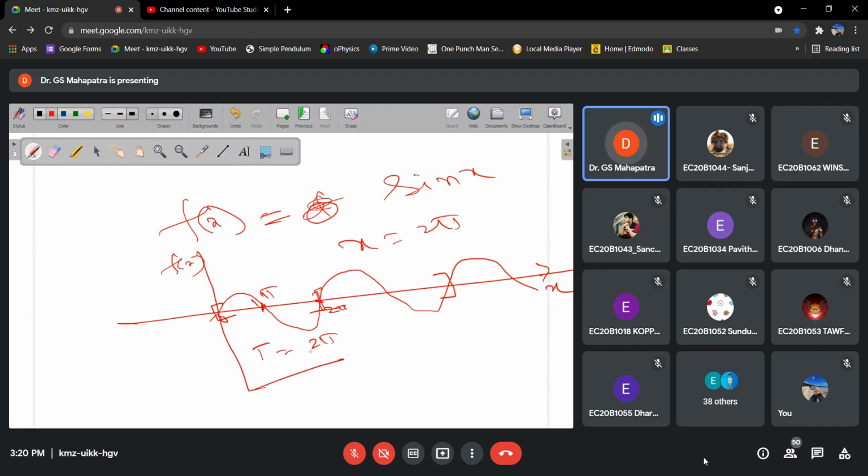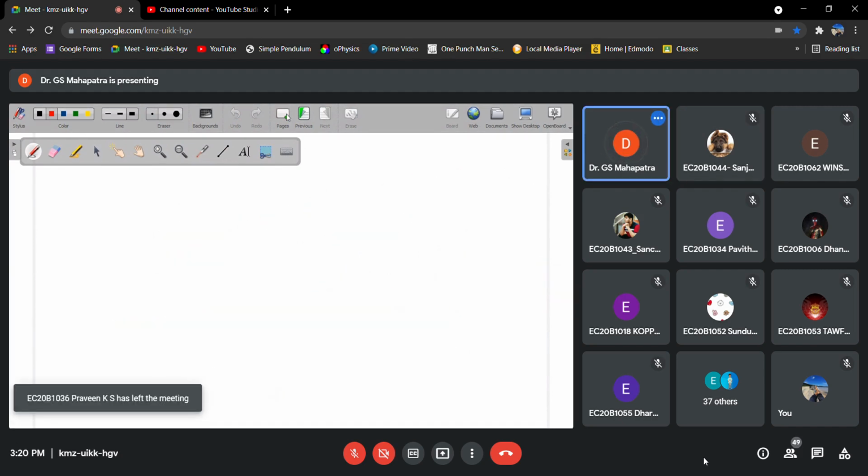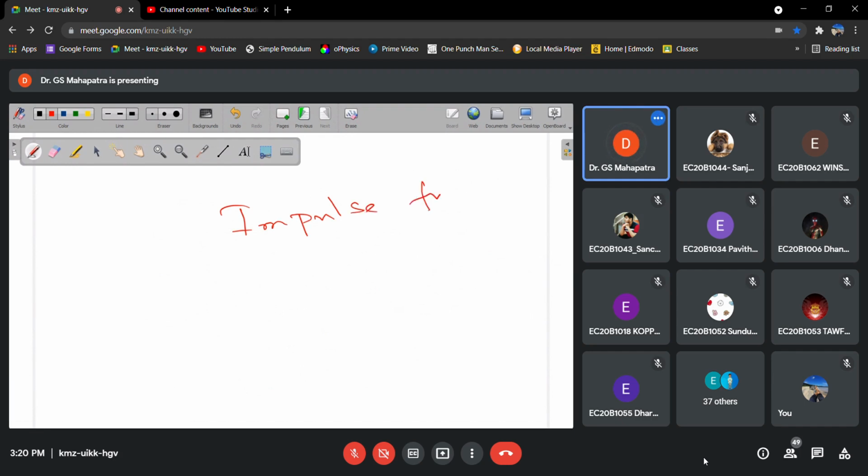Okay. What is impulsive function? Next one is. No particular period, sir. Okay. That's what. Next one is impulsive function, impulse function. So these three function actually it is written in your syllabus.